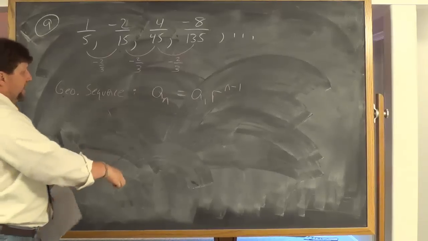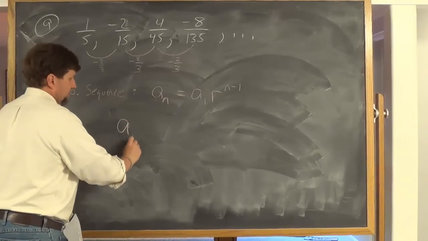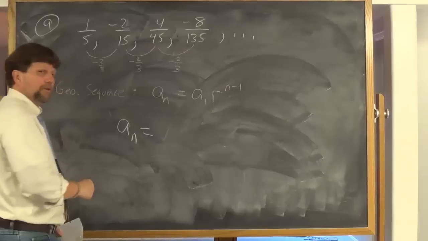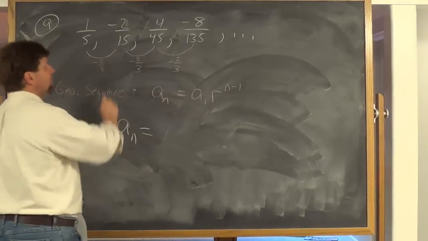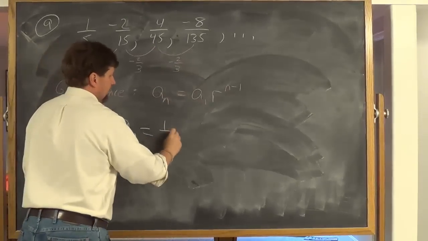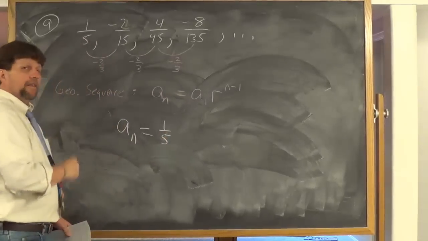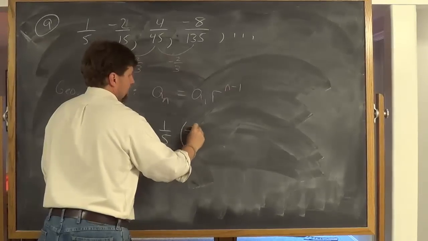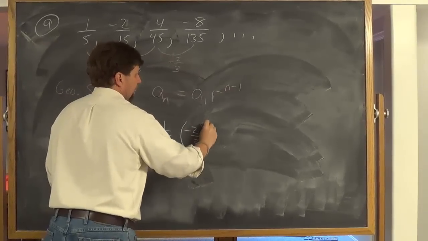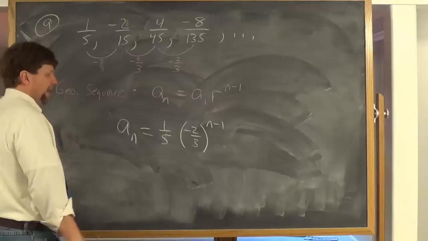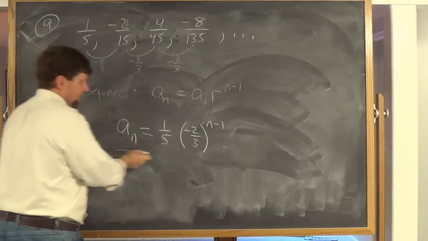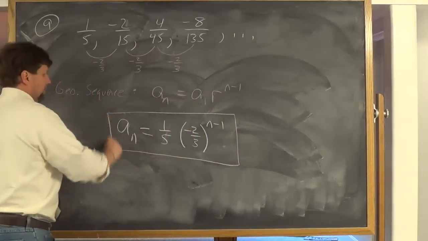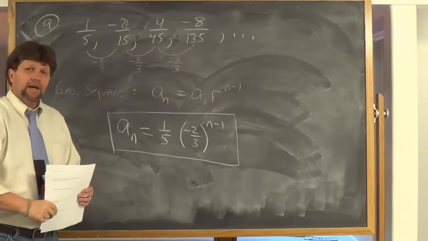So our answer is a sub n equals a sub 1, the first term, 1/5, times the common ratio r, negative 2/3, raised to the n minus 1 power. And that's all there is to number 9.